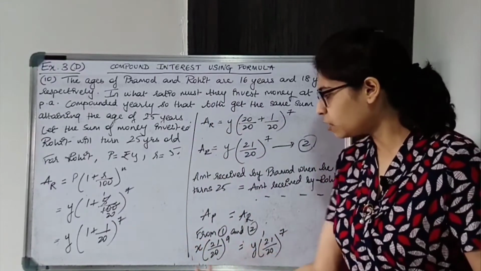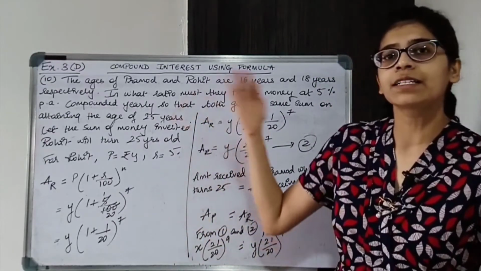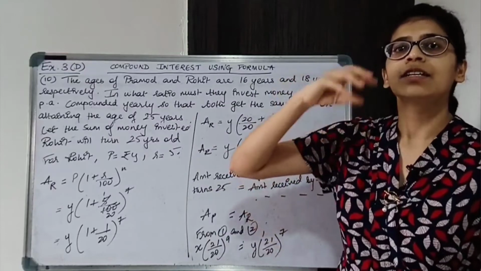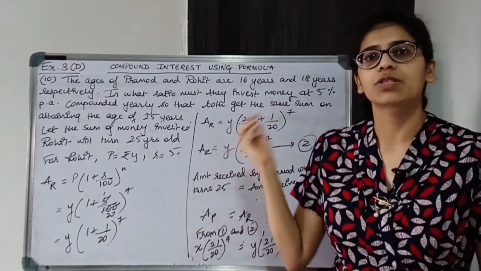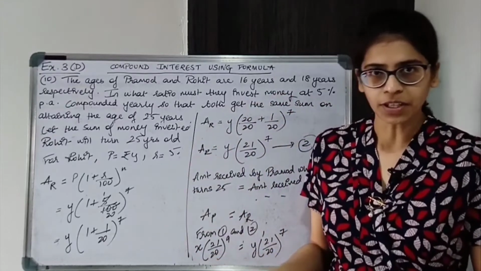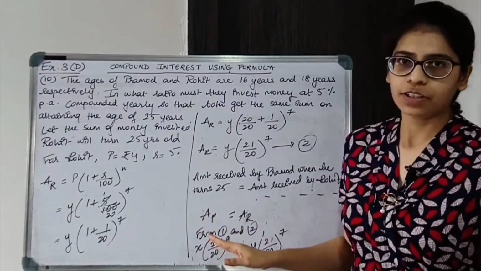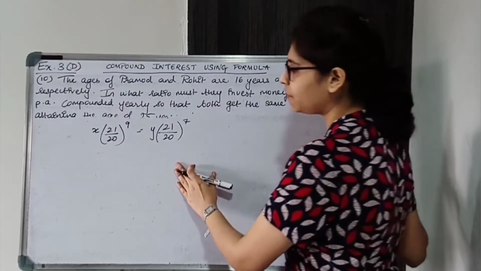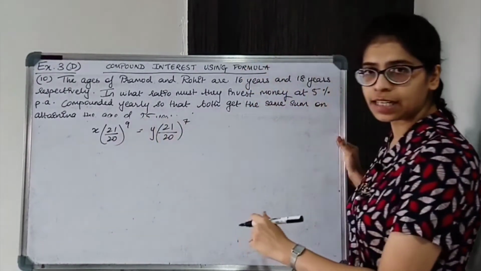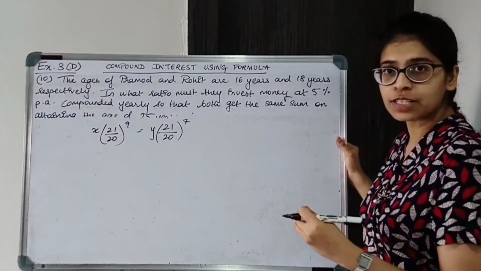So shifting y on the other side, it will go in denominator. So x upon y, that is basically the sum invested by Pramod upon sum invested by Rohit, its ratio will be found. Okay, so now let us shift the numbers and the variables. Now we have this, and we have to shift y on the other side. Okay, we need ratio of the sum.